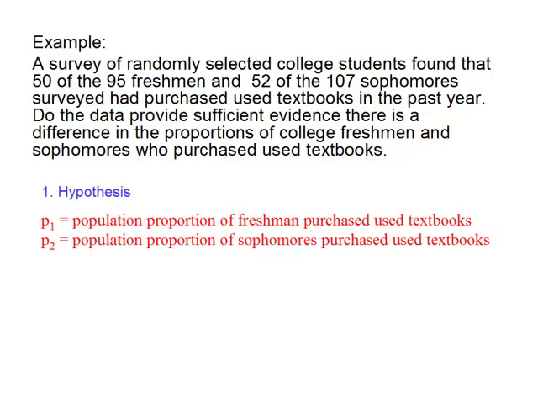We need to define our parameters. p1 equals the population proportion of freshmen who purchased used textbooks, and p2 is the population proportion of sophomores that purchased used textbooks. Our null is p1 equals p2, and our alternative is p1 does not equal p2.